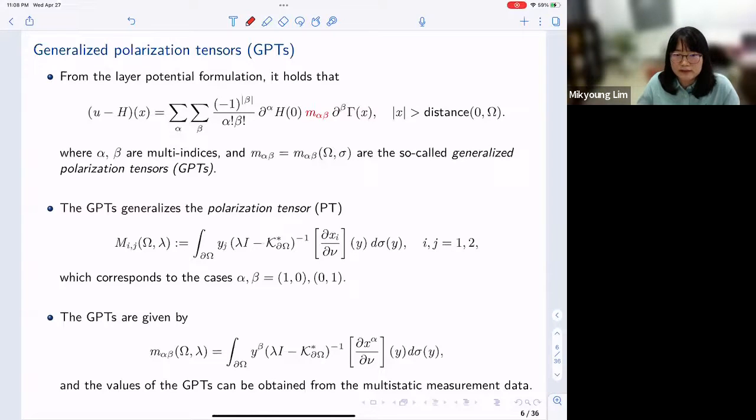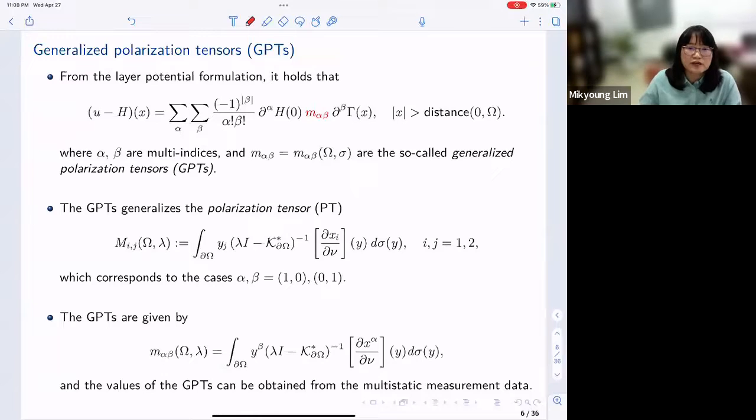The M alpha beta depends on the domain and conductivity, and they are called the generalized polarization tensors, GPTs. And these GPTs, the name came from the polarization tensor, which is the first order term of the generalized polarization tensor.